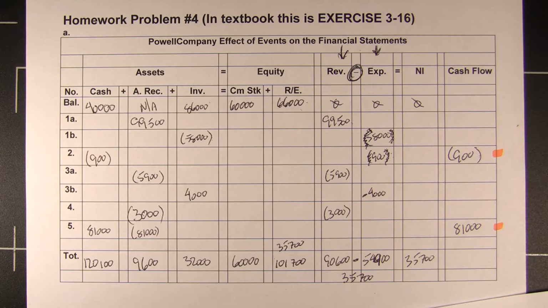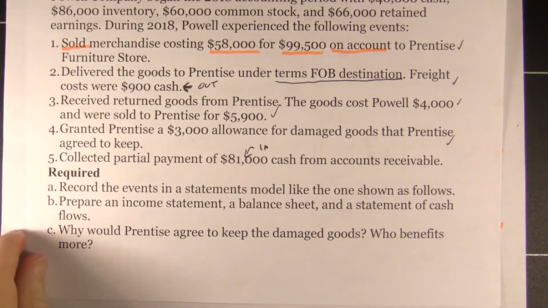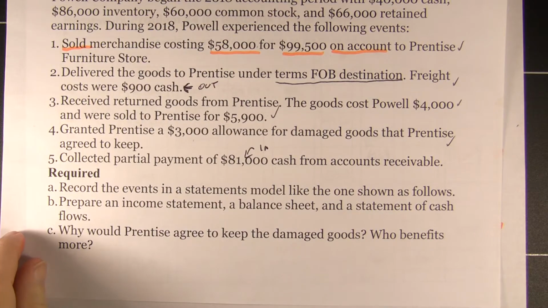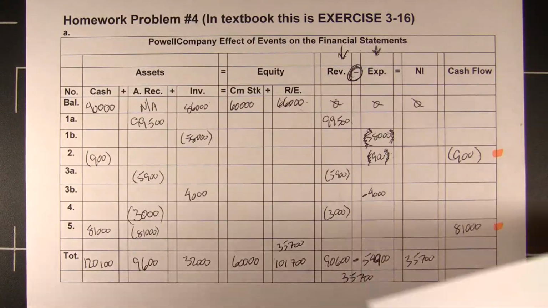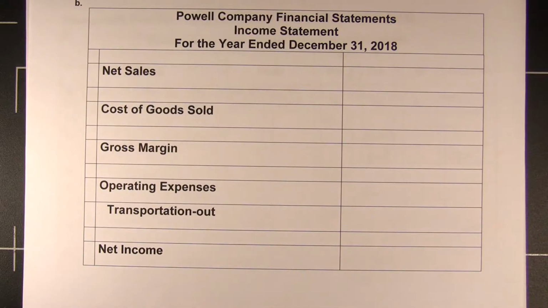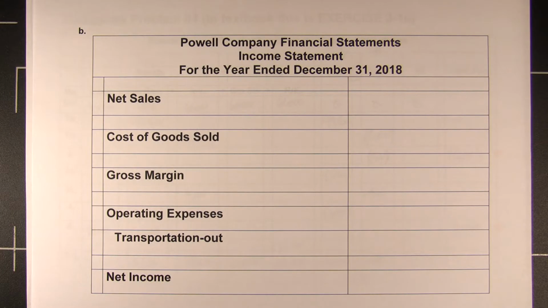The first thing they ask us to do is to prepare an income statement. Well, an income statement is revenue minus cost of goods sold, gross margin minus operating expense, net income. So, we can do that.